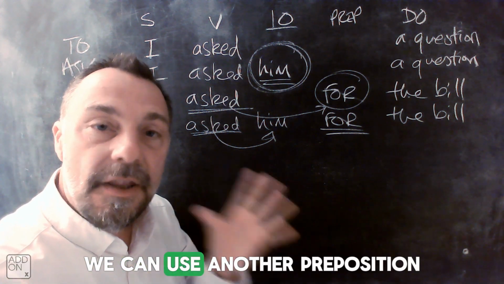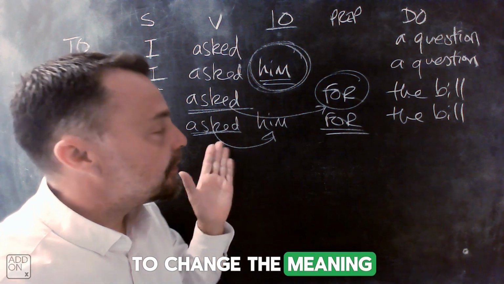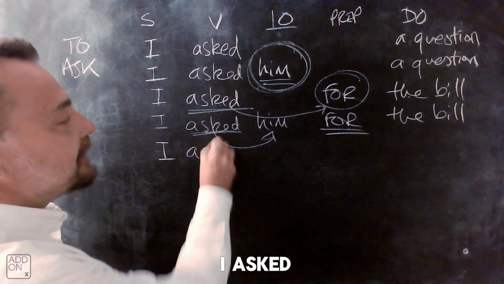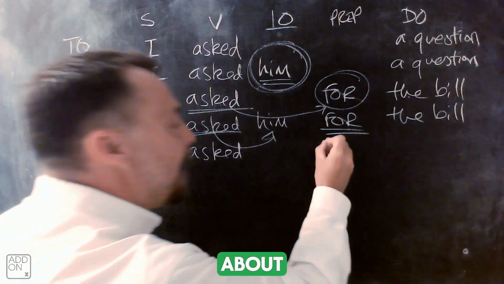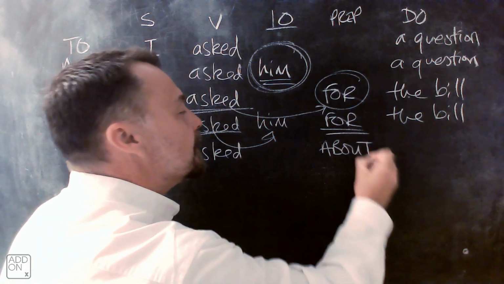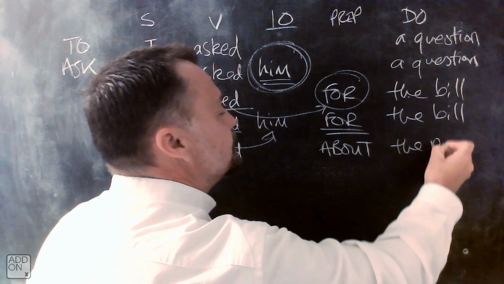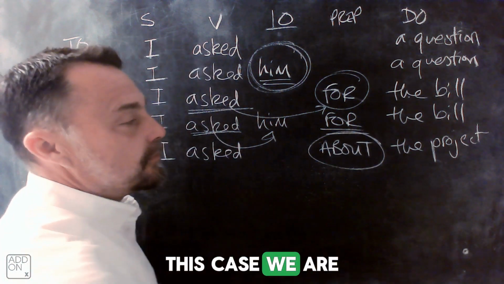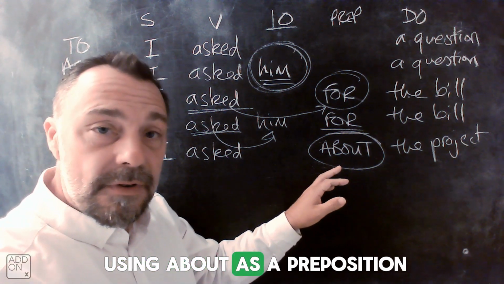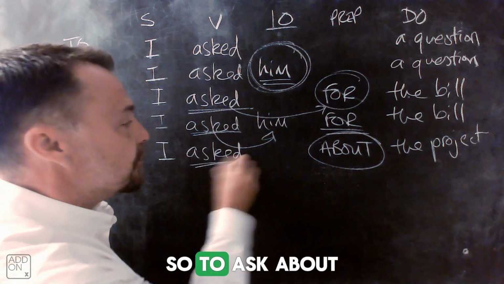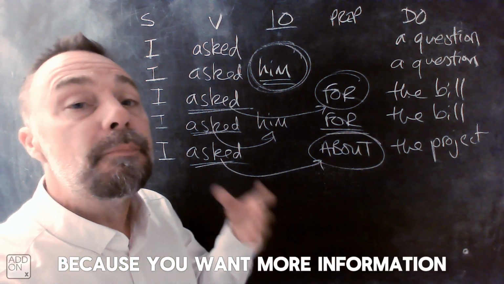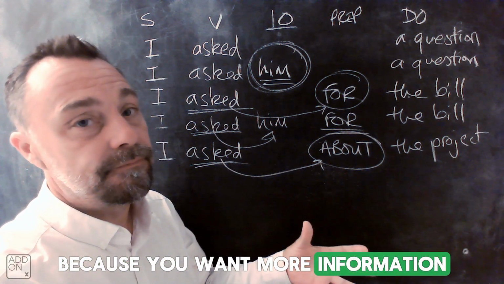We can use another preposition to change the meaning of ask again. So in this case, I asked about the project. In this case, we are using about as a preposition. So to ask about something is because you want more information, right?